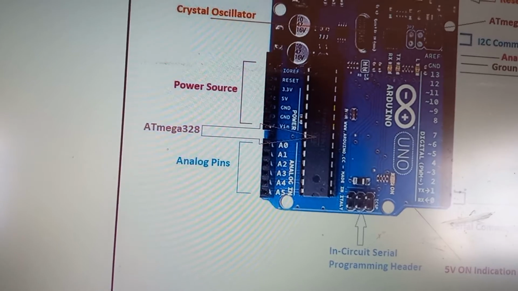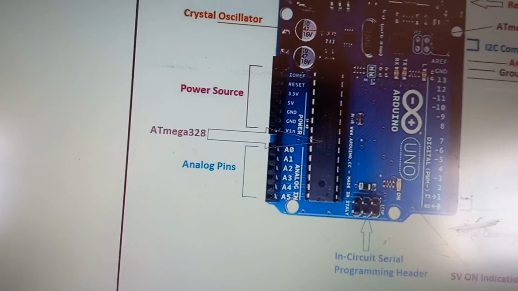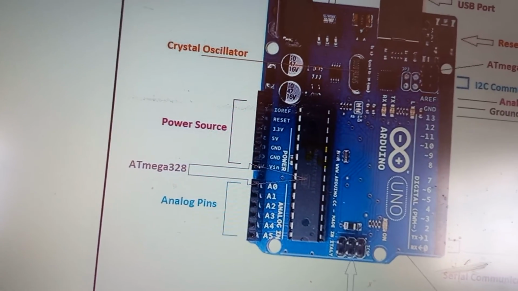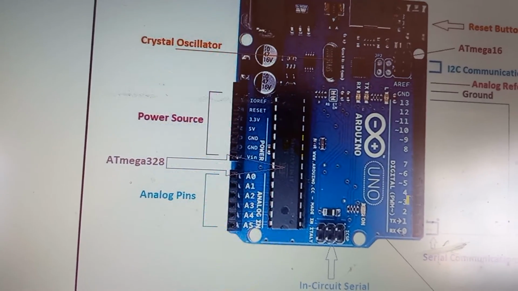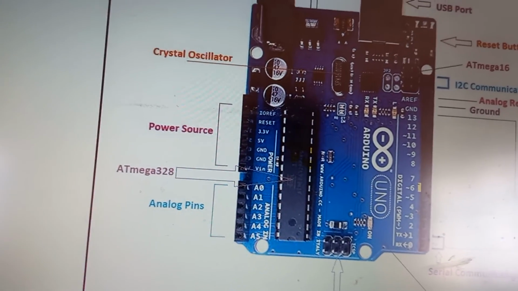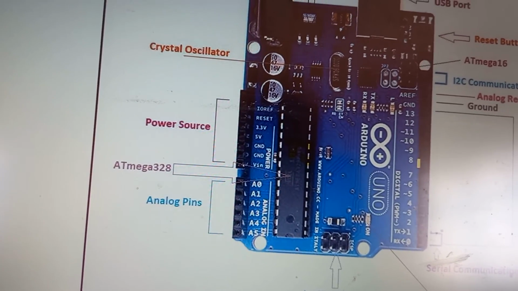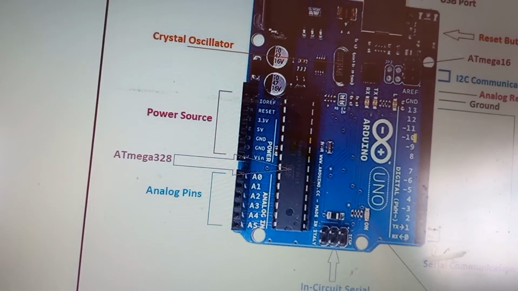Other than that, if I want to generate some modulated signals, then we use the PWM pins. There are 6 PWM pins: pin numbers 3, 5, 6, 9, 10 and 11. These pins are meant for PWM.